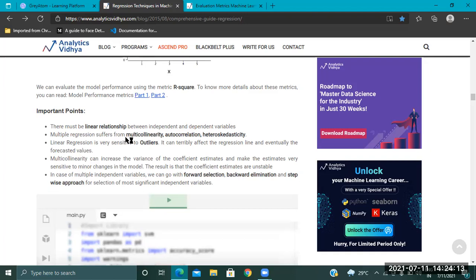The issues are multicollinearity, autocorrelation, heteroscedasticity, and so on. These can affect the data. Sometimes we also have outliers, which can terribly affect the regression line and eventually the forecasted value. When there are many outliers, our model will be wasted. Outliers are a very sensitive part, so we want to remove the outliers from the data.